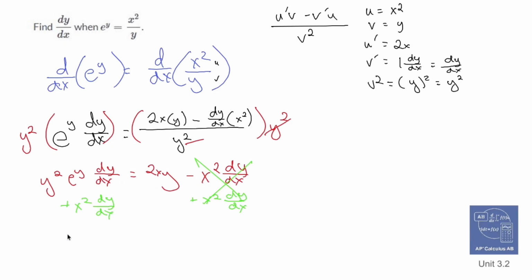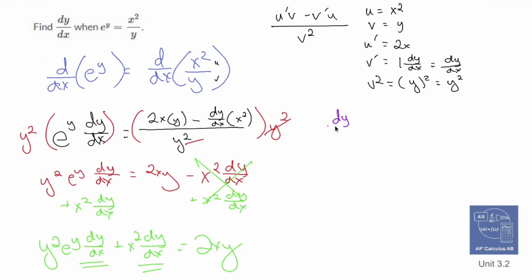That crosses out and gives me y squared e to the y dy/dx plus x squared dy/dx equals 2xy. Let's factor out the dy/dx from both of those terms. When I do that, I get dy/dx times the quantity y squared e to the y plus x squared, and that still equals 2xy.